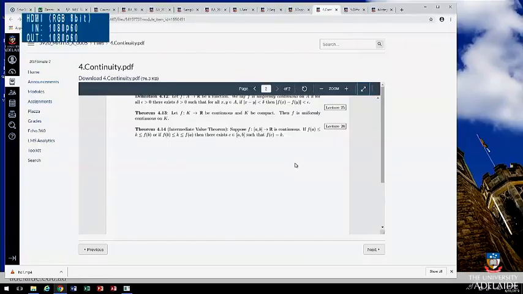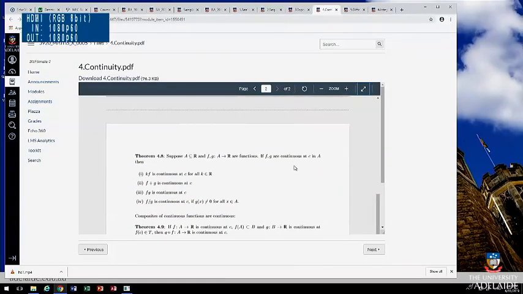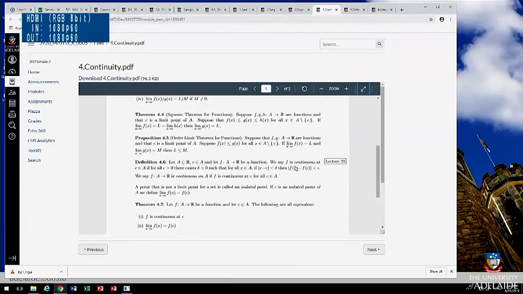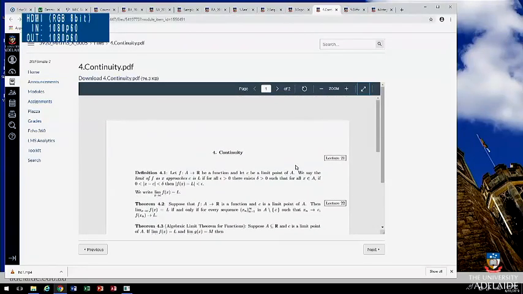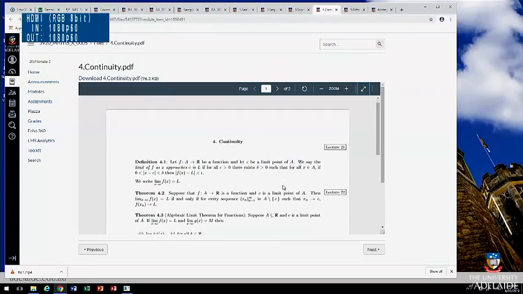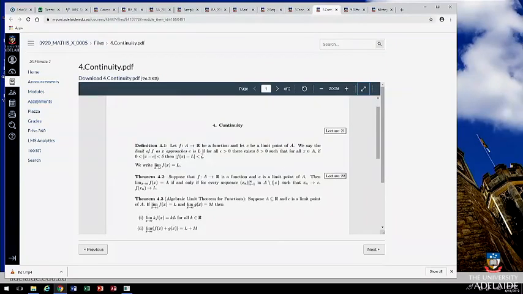Is it summarised in this? Start of section 4. Oh, so is it in this list? Yeah, that's the definition of limit, but there's no such thing as a limit from above and a limit from below.